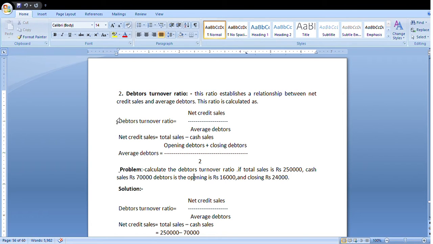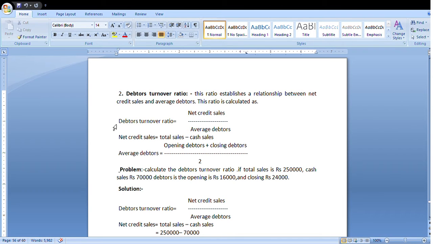Net credit sales is equal to total sales minus cash sales. Next, average debtors is equal to opening debtors plus closing debtors by 2. These are the formulas for debtors turnover ratio calculation.